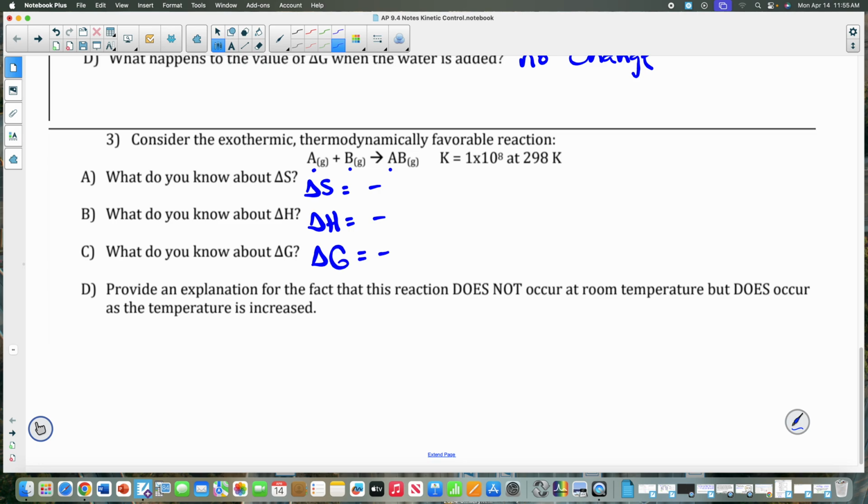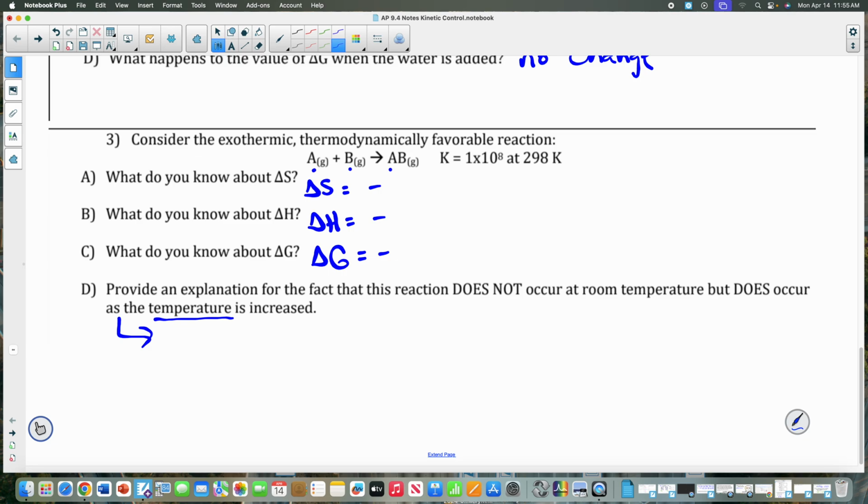Provide an explanation for the fact that this reaction does not occur at room temperature, but does occur as the temperature is increased. Could it be something to do with the gases, so that if you increase the temperature, they'll have more energy, so they're more likely to collide? Exactly right. Temperature is a measure of the average kinetic energy of our particles, right?